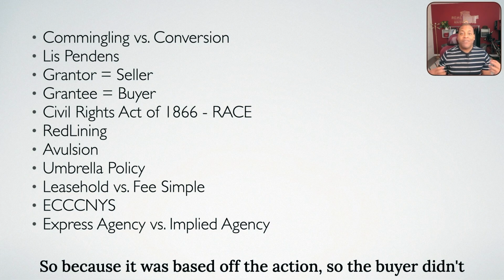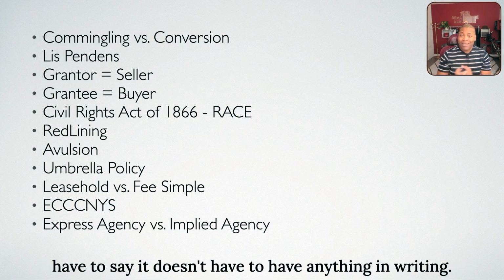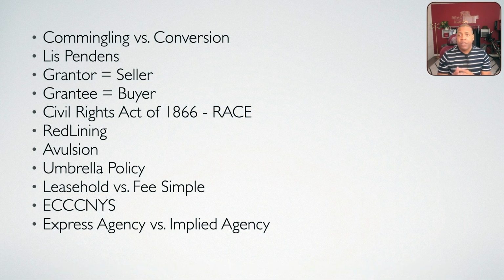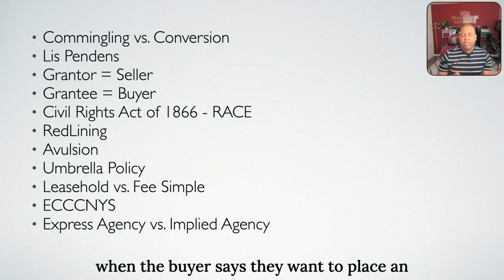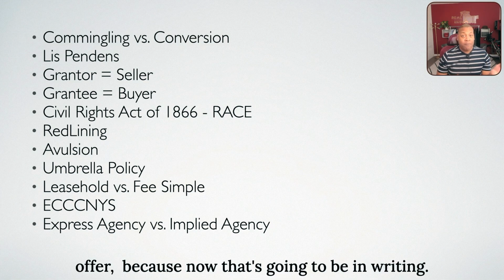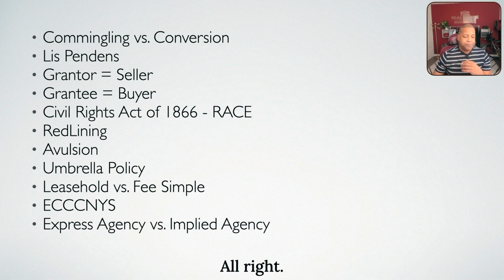Because it was based off the action, the buyer didn't have to say it, doesn't have to have anything in writing, and eventually it will transfer over to being express when the buyer says they want to place an offer, right? Because now that's going to be in writing, all right?